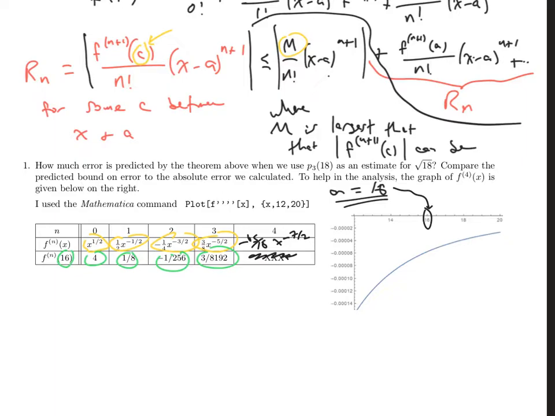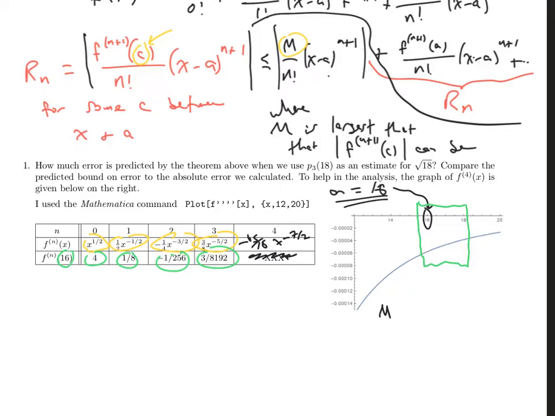The capital M that I need is supposed to be the largest that you see on the screen, the absolute value of this function for values of x between 16, the center, and 18, the number that I'm plugging in. So I only care about this part of the picture. Only care about the values between 16 and 18 that I'd be putting in.